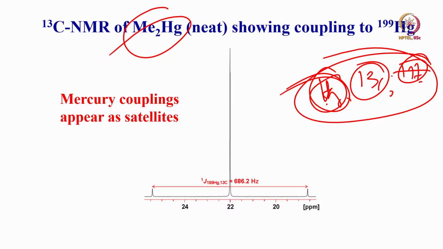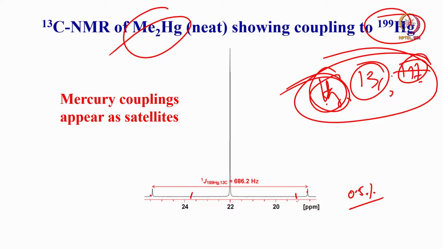So now if you see the carbon 13 NMR of dimethyl mercury, and you are seeing the mercury 199 coupling, you see here these 2 peaks. And the intensity pattern tells you the percentage of abundance of this mercury. If it was carbon 13, it is 1%, and 1% split into 2 is 0.5%.